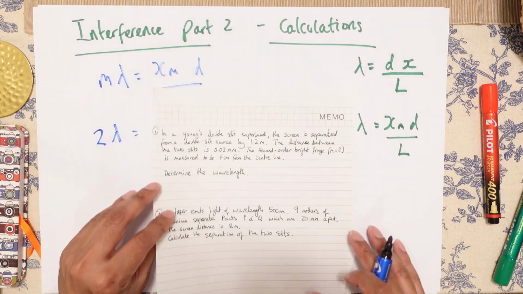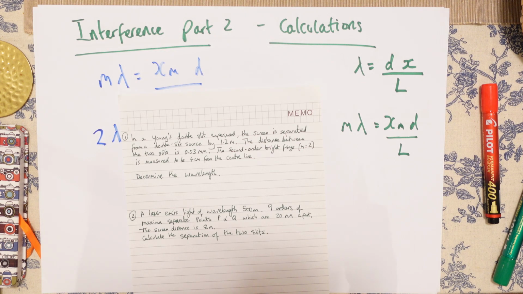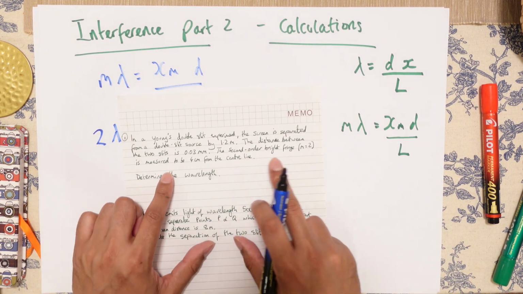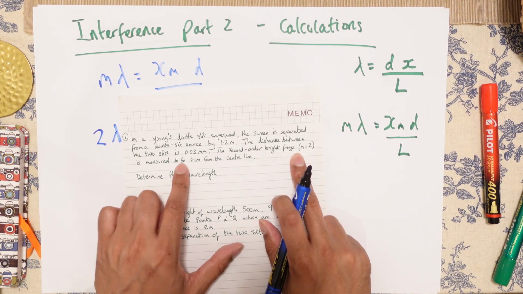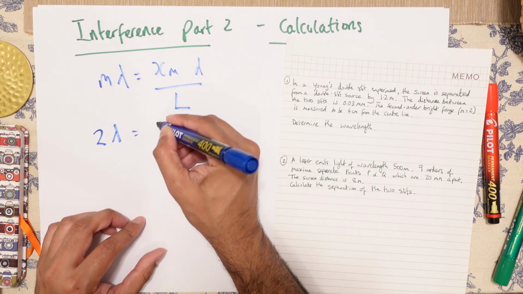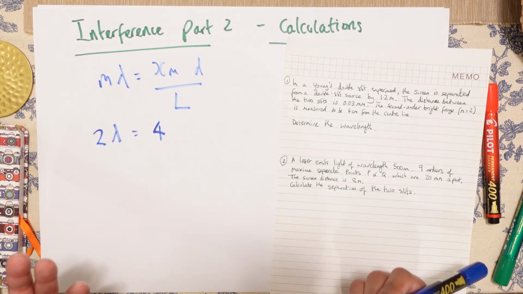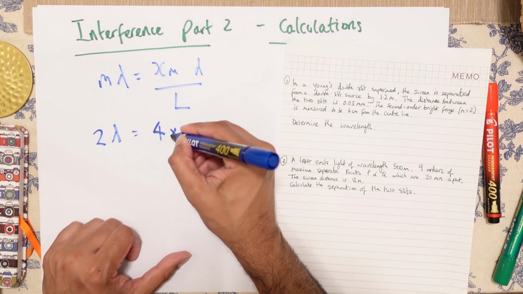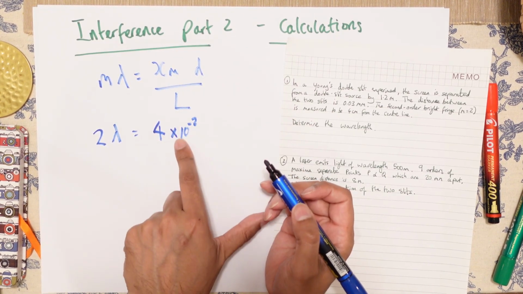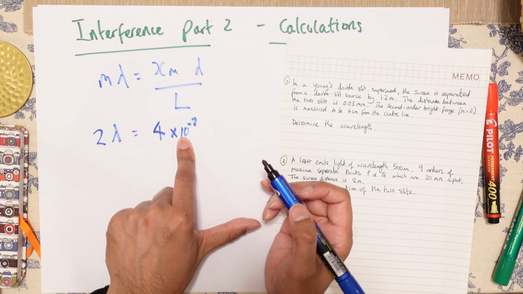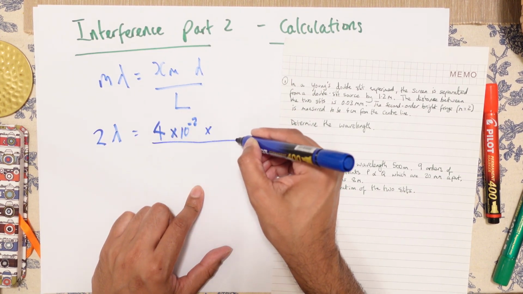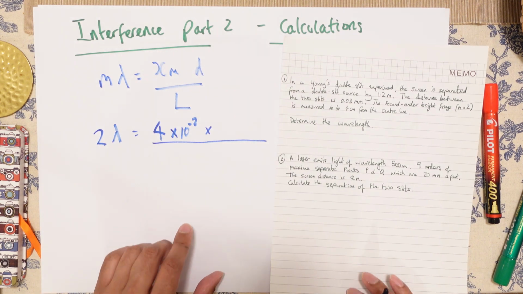Now, what's xm? If you remember, x is the distance between the fringes, and they're saying the second order bright fringe is measured to be 4 centimeters from the center line. So this is going to be 4 centimeters. Now we can't just write 4. It has to be 4 times 10 to the minus 2, and that would account for the centimeters to meters. Okay, times d divided by L. What is d going to be?